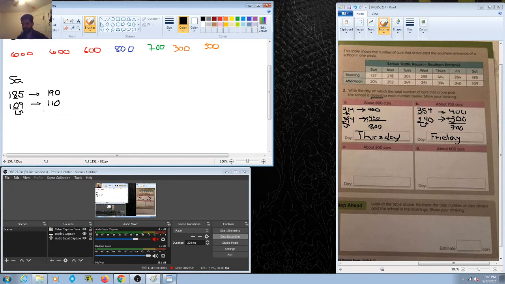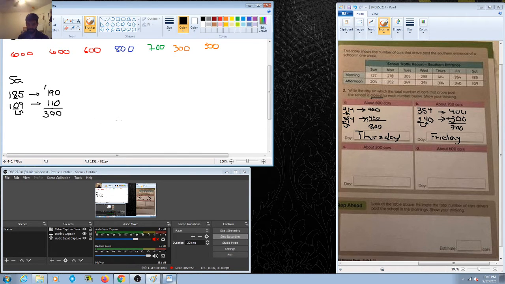Now if we take the sum of 190 plus 110, we'll get 0 plus 0 is 0, 9 plus 1 is 10, put the 0 in the ones place, carry the 1 to the tens place. 1 plus 1 is 2, plus 1 is 3. So our estimation for Saturday is 300 on the dot.